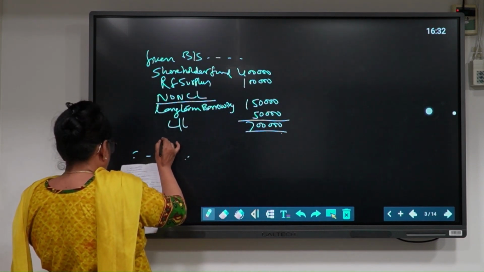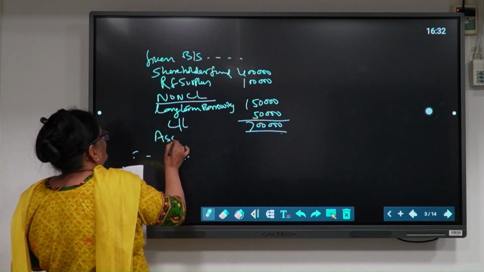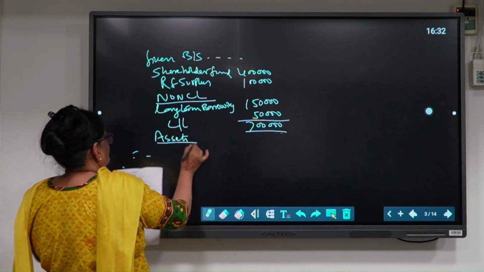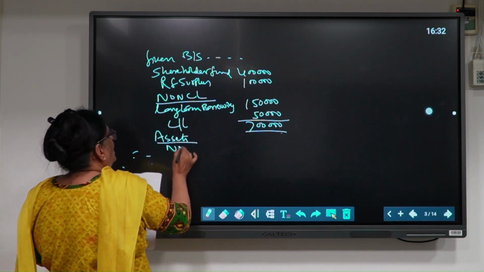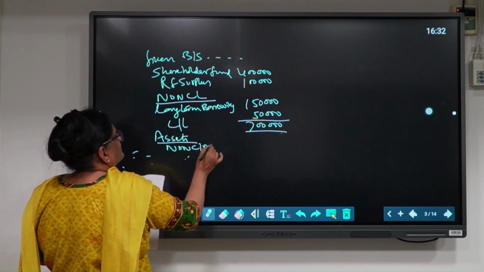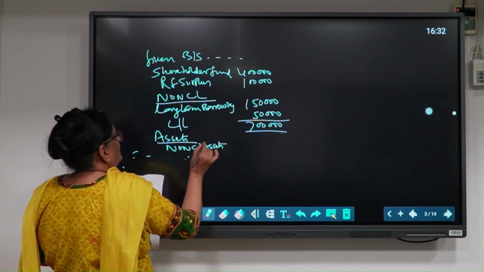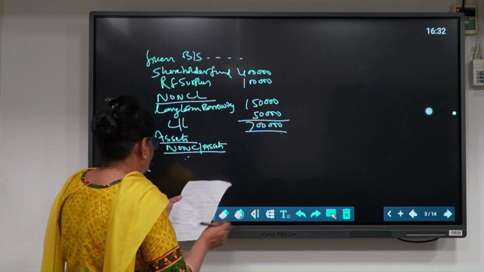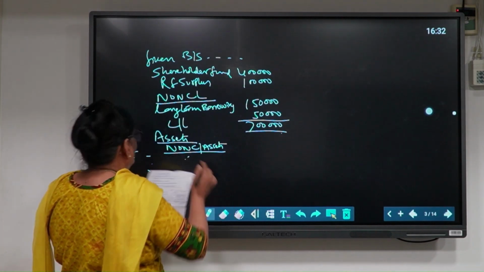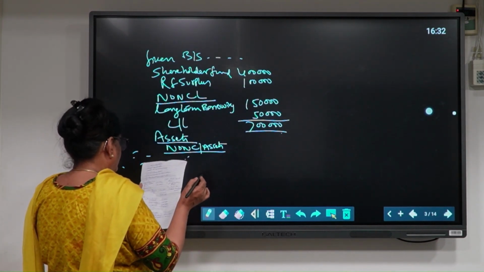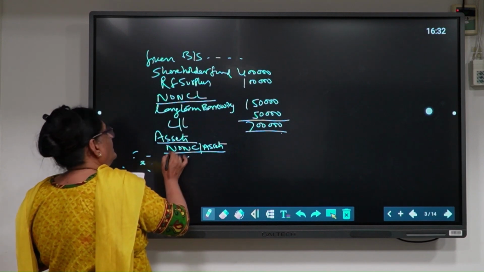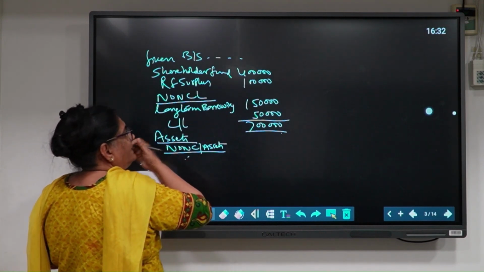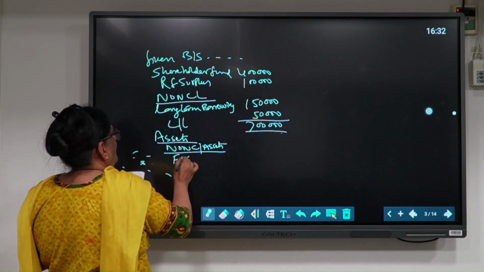Now assets, go to your assets, vertical balance sheet only. Here you have non-current assets. I'll make it clear when I'm doing company accounts with comparative, common size and all, like this only it should come. Now you have plant, fixed asset they have told, but it is property, plant and equipment, fixed.